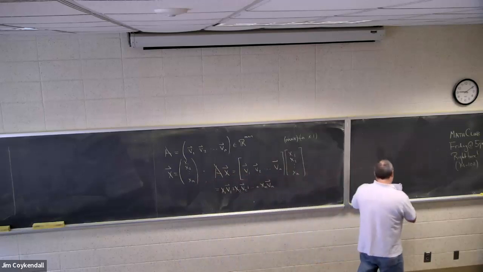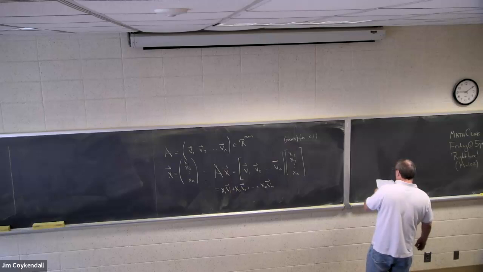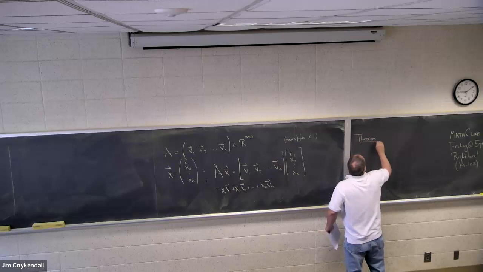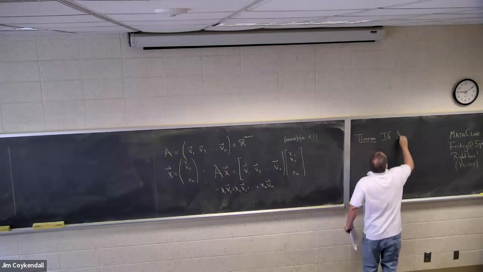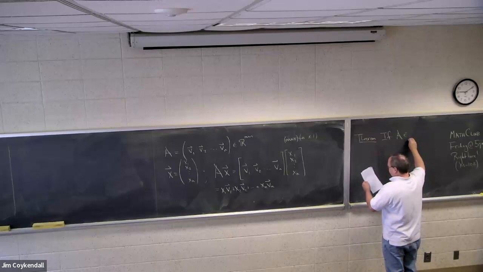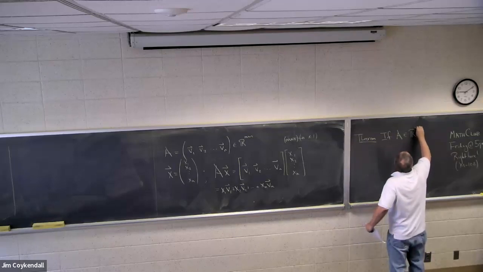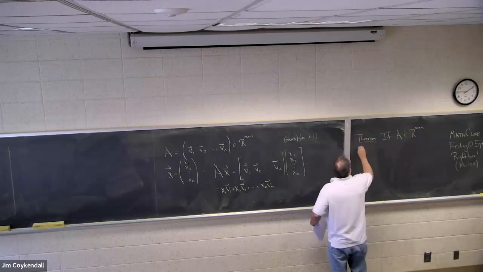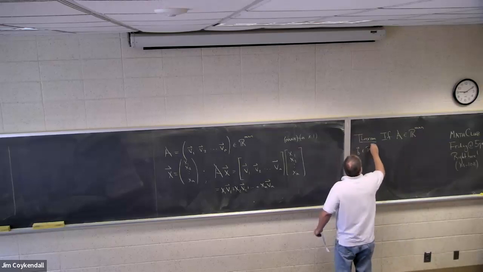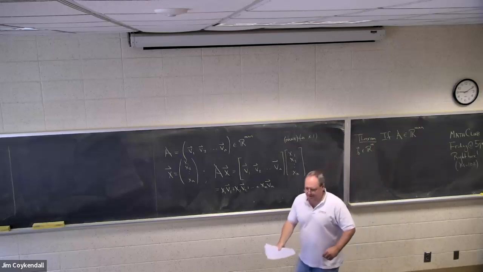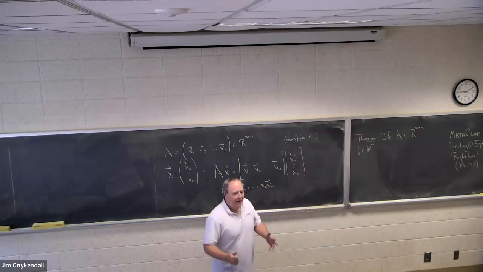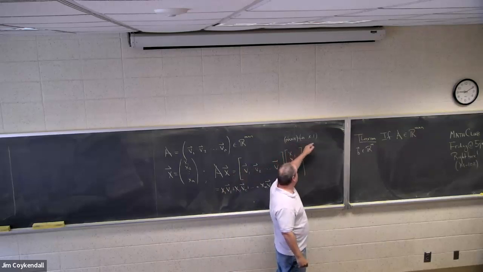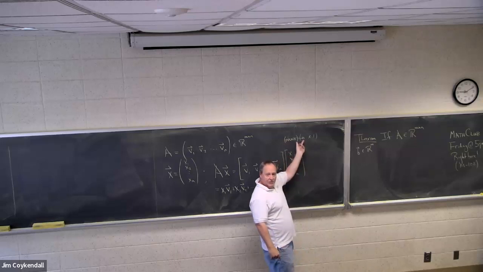I think I gave you this theorem last time, but I'm going to review it here. Theorem. Here, A is an m by n matrix, and by the way, let me ask you this: when I took my m by n matrix and multiplied it by my n by one column vector, you all see that we had to have the same n's, right?